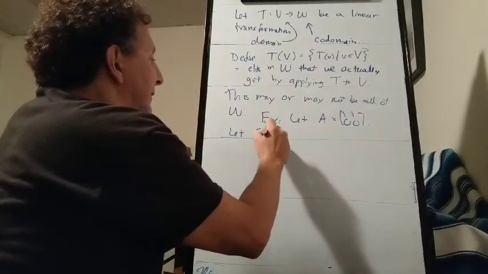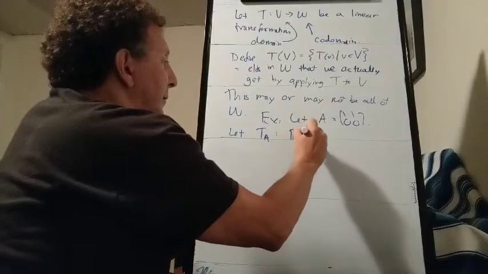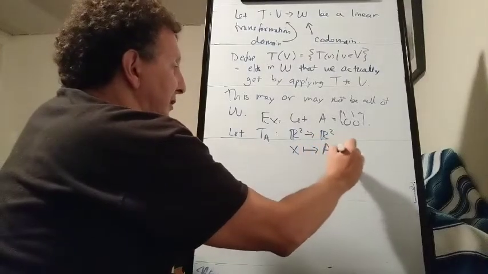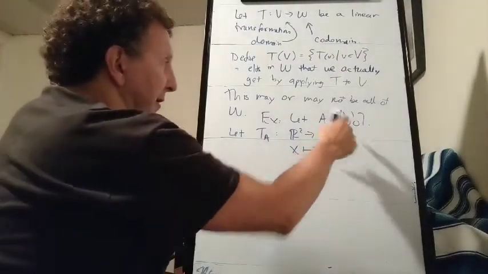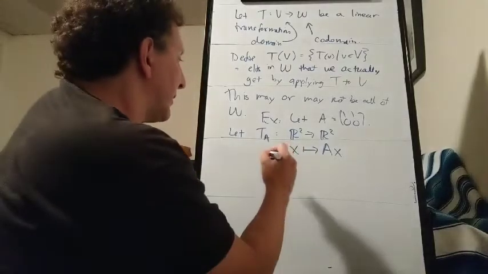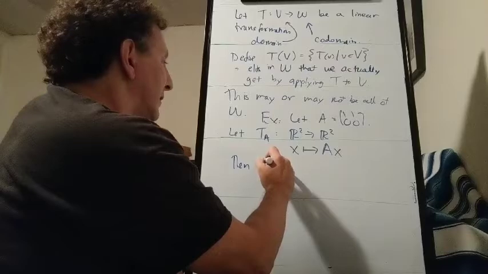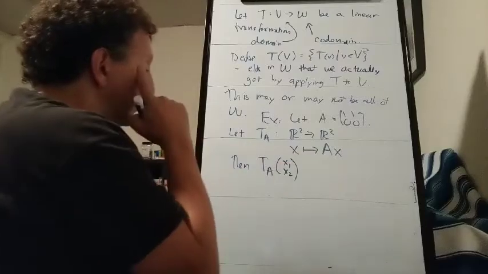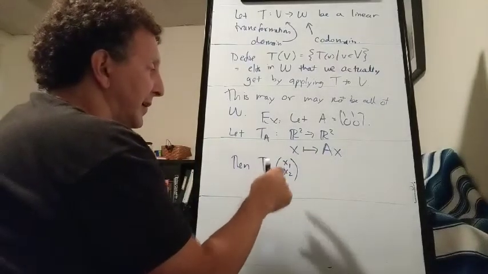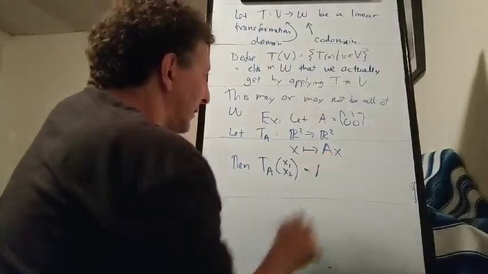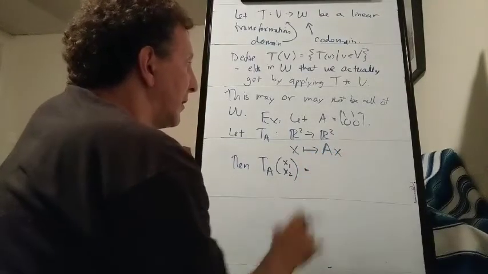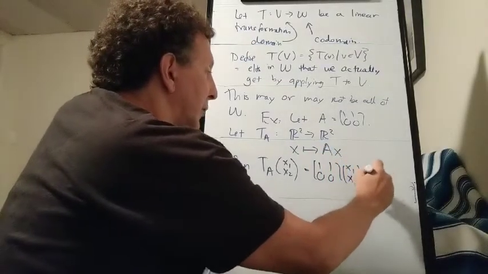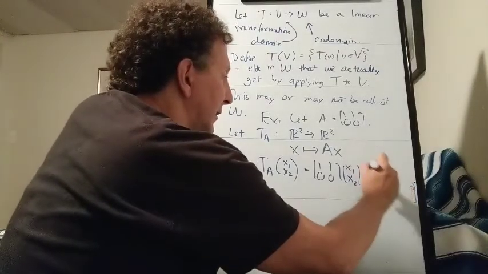And let's let TA be the map from R2 to R2, which is left multiplication by A. So take a vector, left multiply it by this matrix. Then if we apply that to x1, x2 as a vector, that's [1 1; 0 0] times x1 x2, which is going to be x1 plus x2, 0.